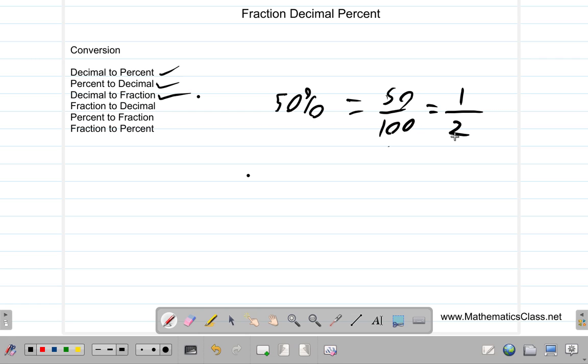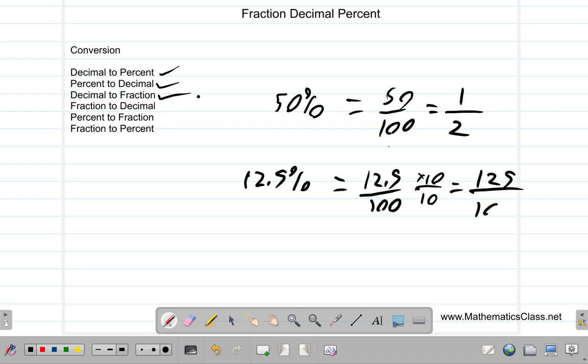Alright? If you have 12.5% and you want it as a fraction, that's 12.5 out of 100, right? But you don't want any point, you want a whole number. So if you multiply the top by 10 and the bottom by 10, we're going to have 125 over 1000.